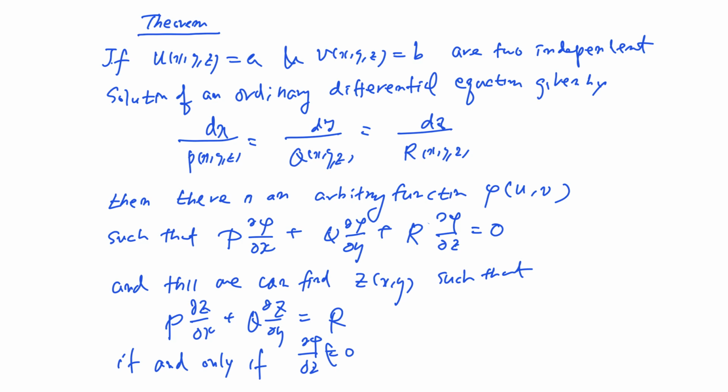So, the theorem states that this is 0, right? So, let's find out under which condition this equation becomes 0.